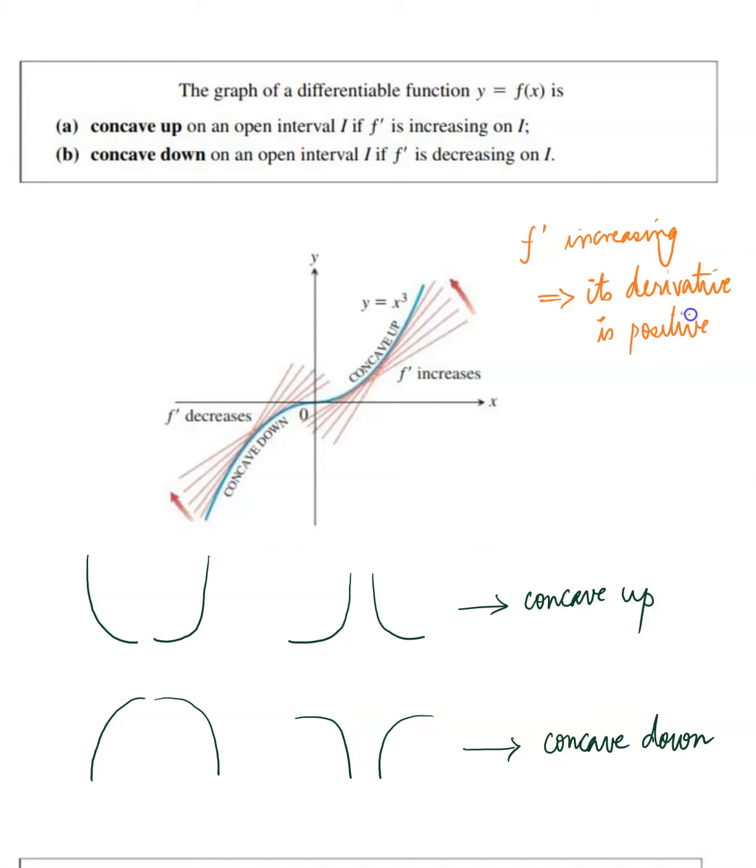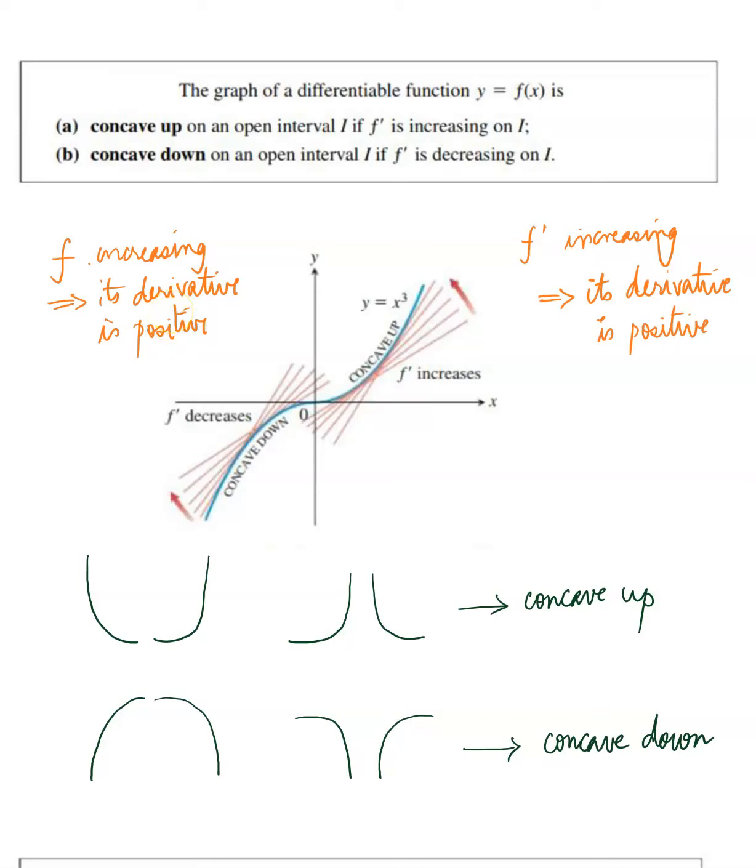Where do I get this information from? This comes from the monotonic function, because for a monotonic function we said if f is increasing, it implies its derivative is positive.